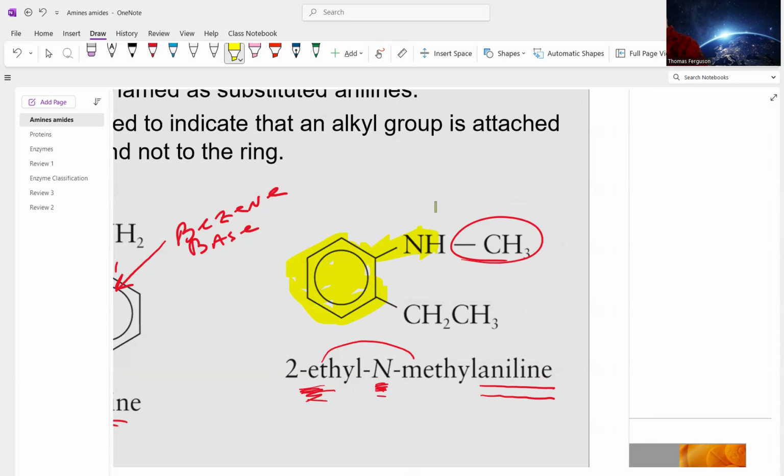So we've got a branch coming off of the ring at position number 2. And that's an ethyl branch. And then we have a branch off of the nitrogen. So we need to throw in the uppercase N and italicize it to indicate there's a branch coming off of the nitrogen.